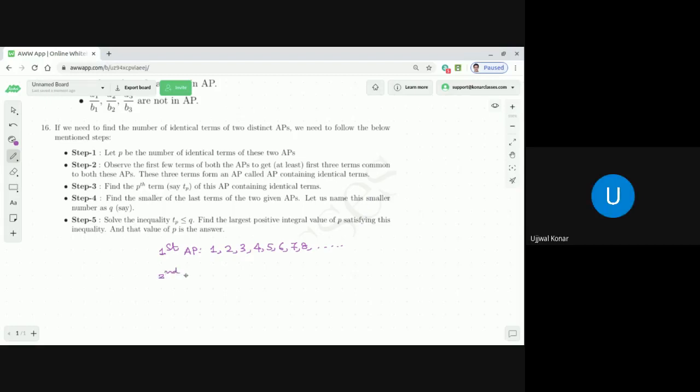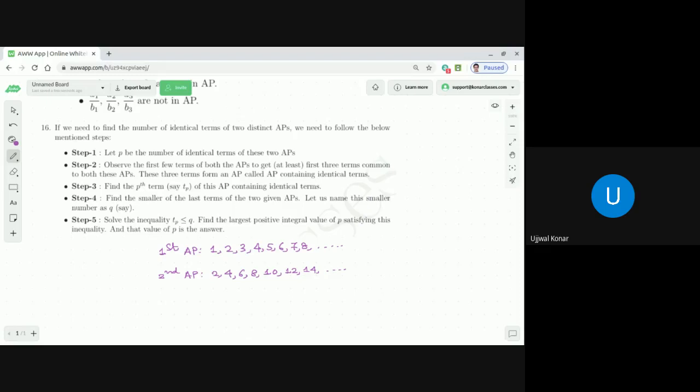And the second AP is something like this: 2, 4, 6, 8, 10, 12, 14, and so on. Correct, no, dear students? Yes. These two are distinct APs.